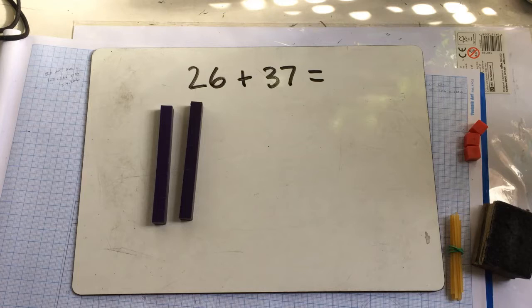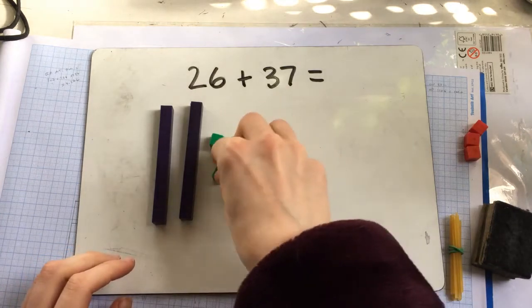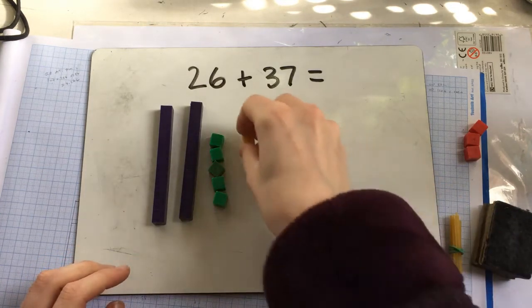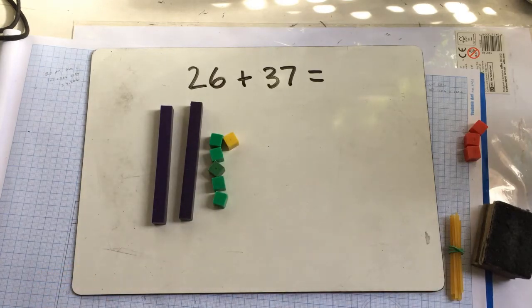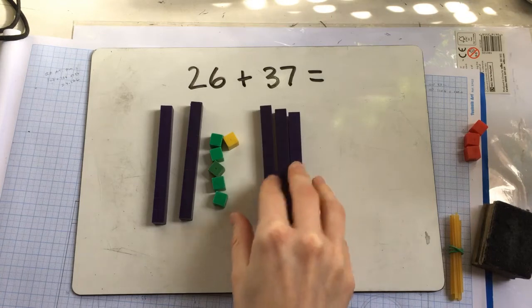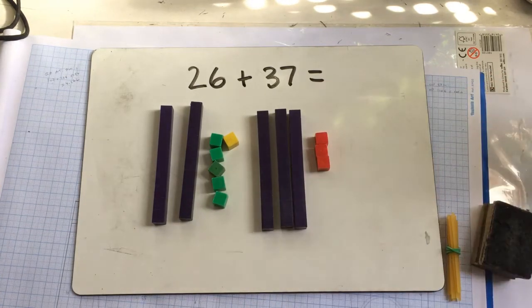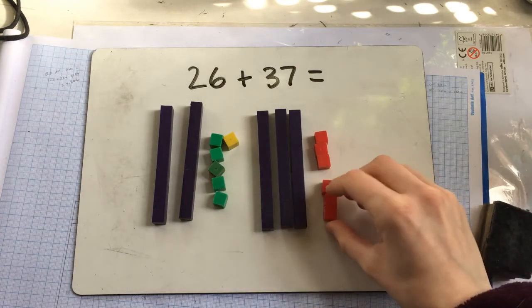So we know that 26 is going to be made of 2 tens, and we know that it's going to be made of 6 ones. And with 37, we've got 3 tens and we have 7 ones.